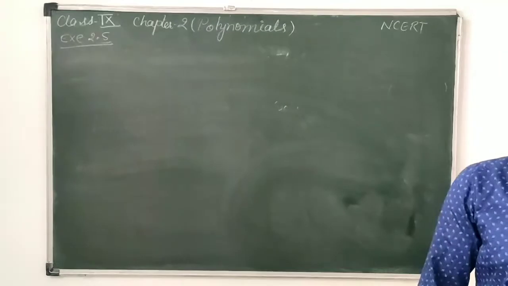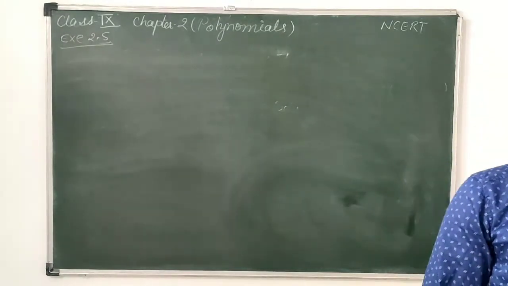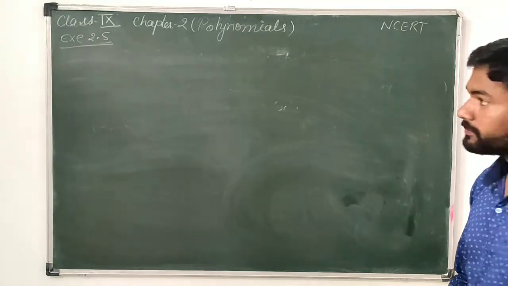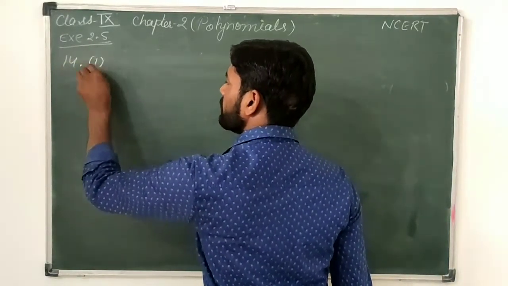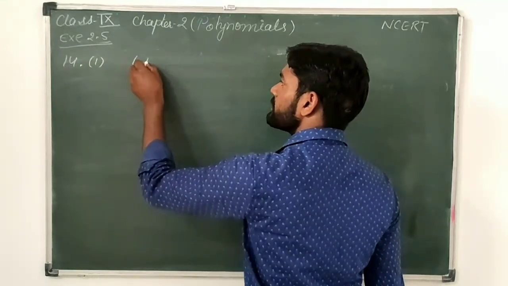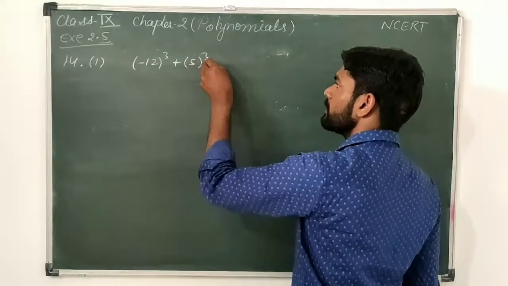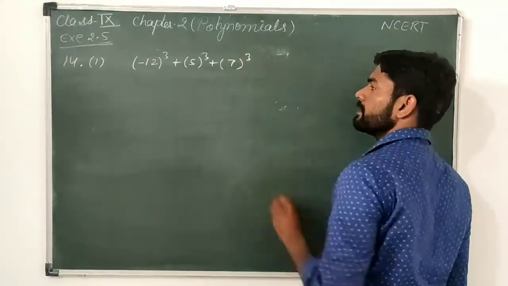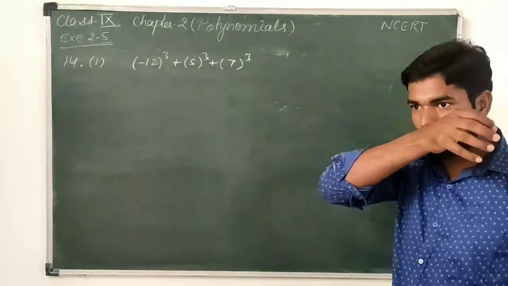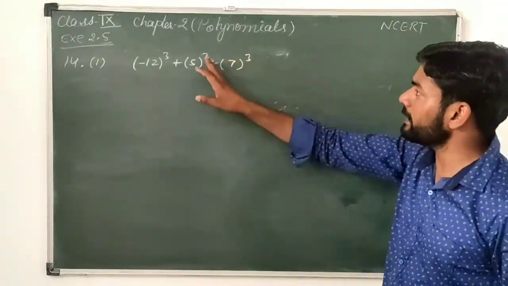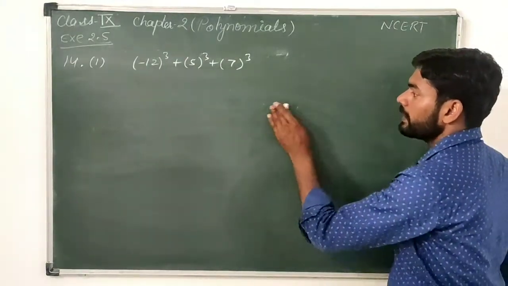Question number 14. Without actually calculating the cubes, find the value of each of the following. It is given that minus 12 cube plus 5 cube plus 7 cube. We have to calculate the value of this without actually cubing. It means we don't have to cube and add, we have to use an identity.